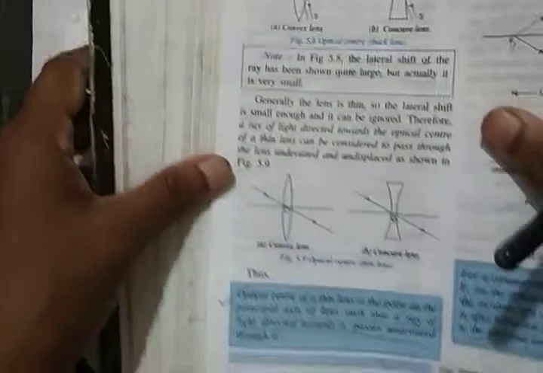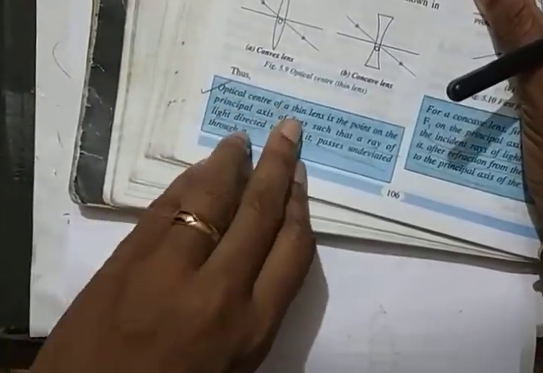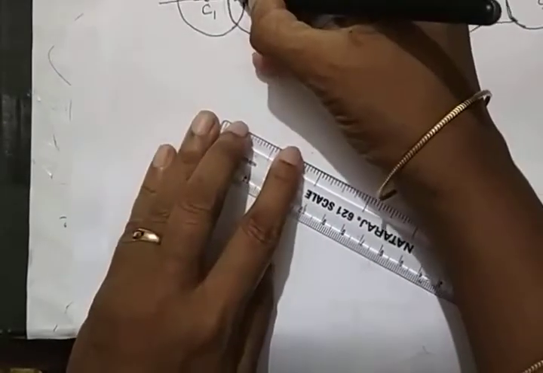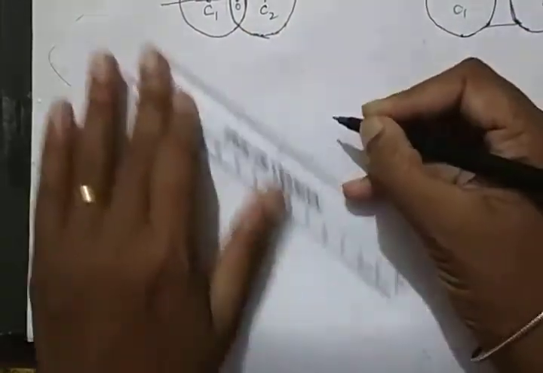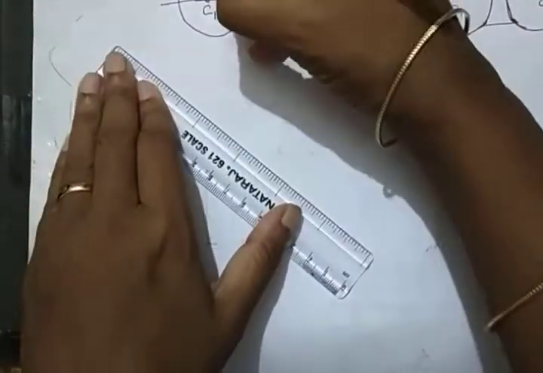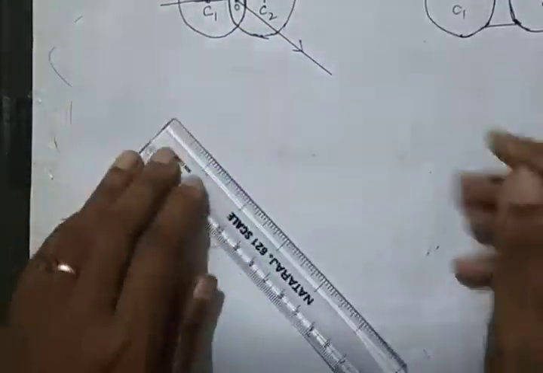Then we come to the next definition, optical center. Leave off this definition, come to this definition. Optical center of a thin lens is the point on the principal axis of the lens such that a ray of light directed towards it passes undeviated through it. Now, optical center is basically the geometric center of the lens, and one main feature of this point is any ray that is passing through it will go undeviated, means it will go straight.